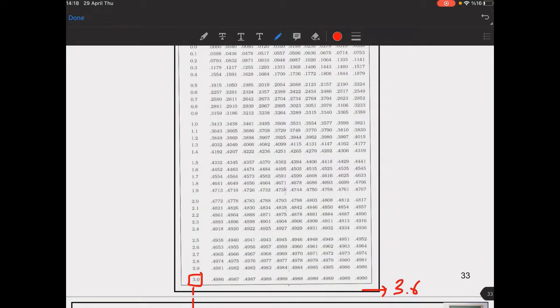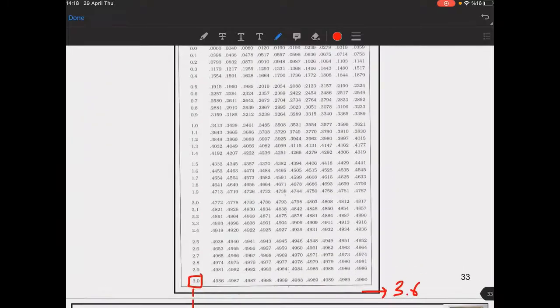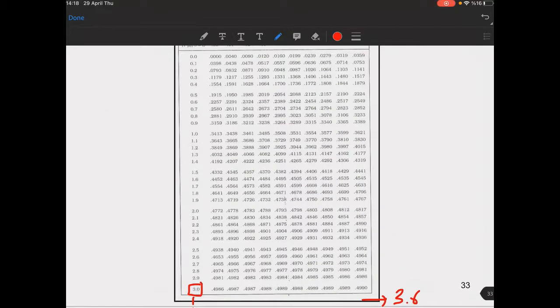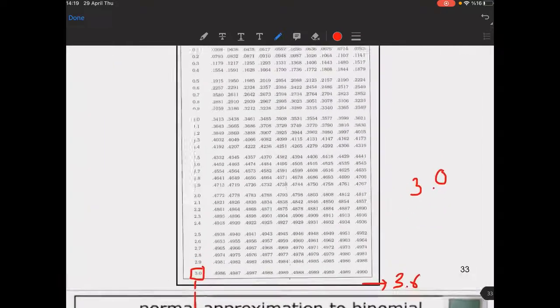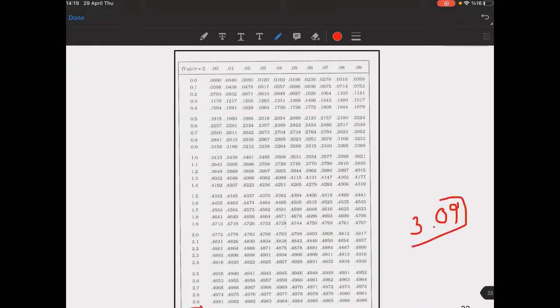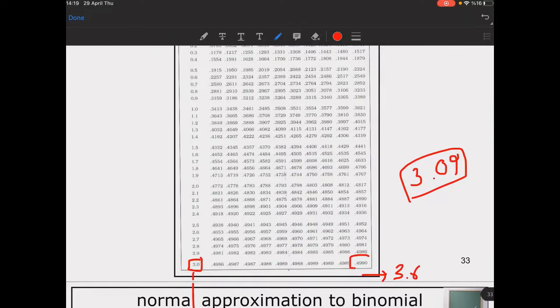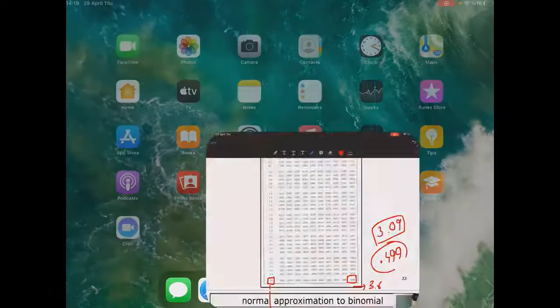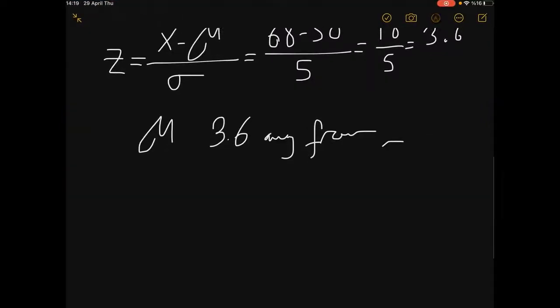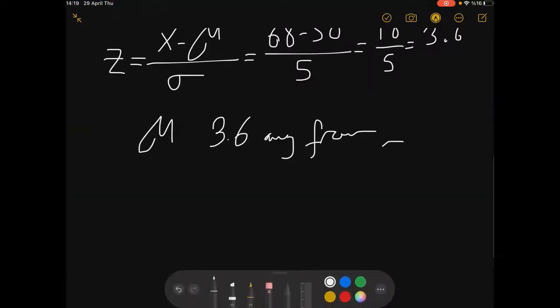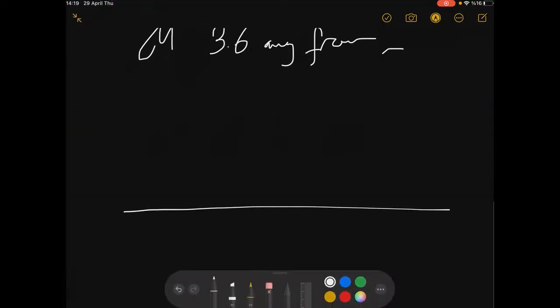But I can comfortably say that the maximum amount you can have here is 3.09, right? And the probability of this one is this one. So it's a very, very low probability.